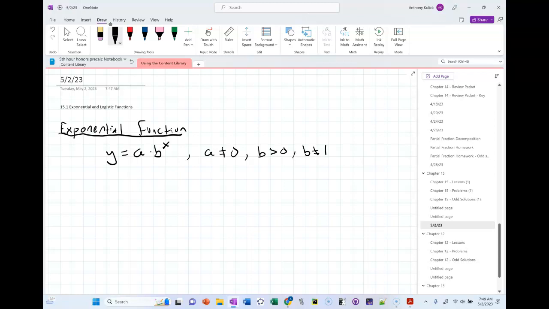Yeah, it just turns into a constant again because 1 to any power is just 1. Maybe we should be careful and say 1 to any finite power is 1. 1 to the infinity is indeterminate.